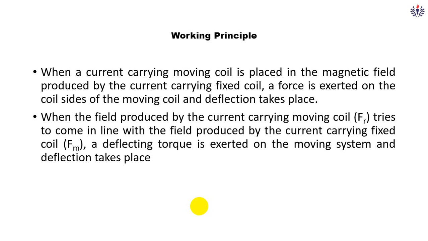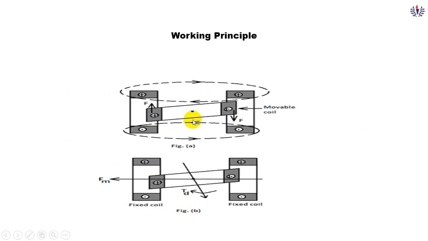When the field produced by the moving coil tries to come in line with the field produced by the current carrying fixed coil, a deflecting torque is produced. So it tries to align itself with the magnetic lines of force, and the resultant will be the deflection. Here you can see the working principle.